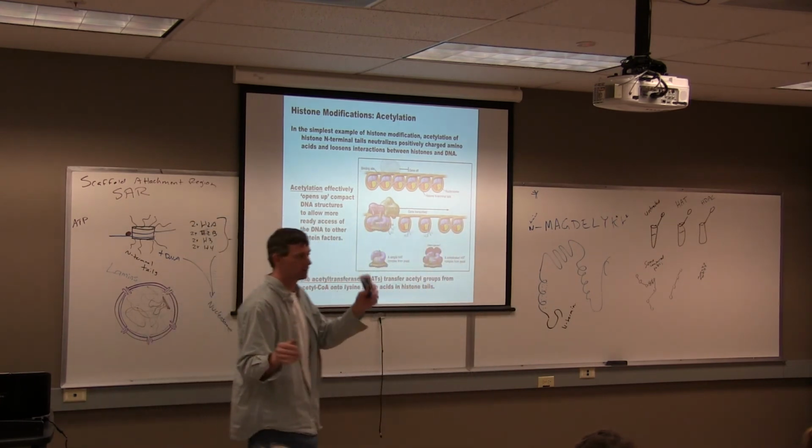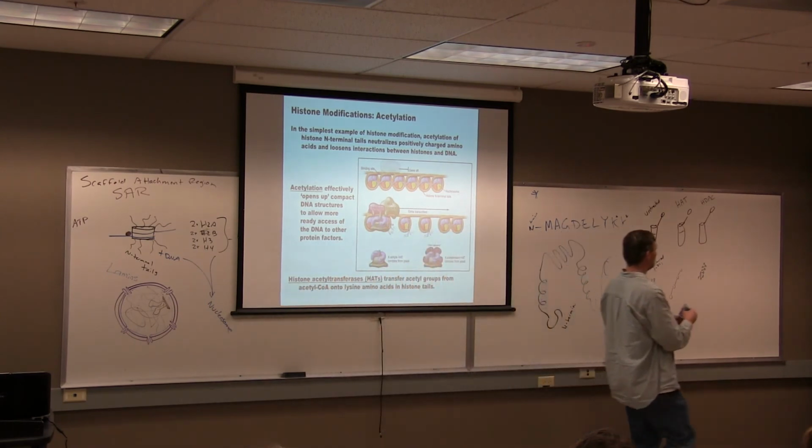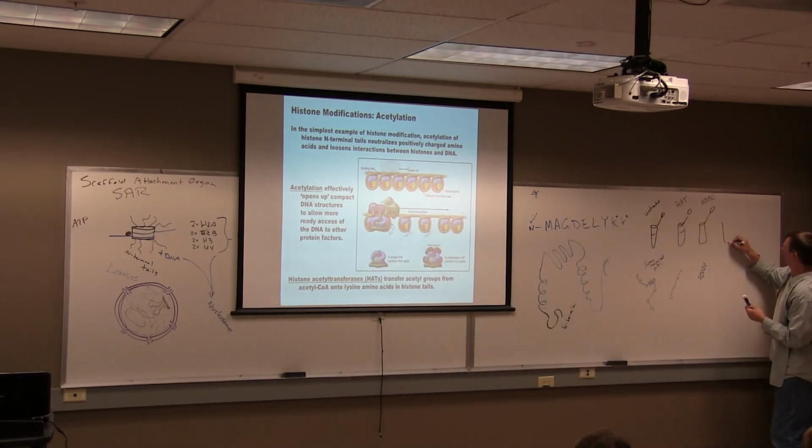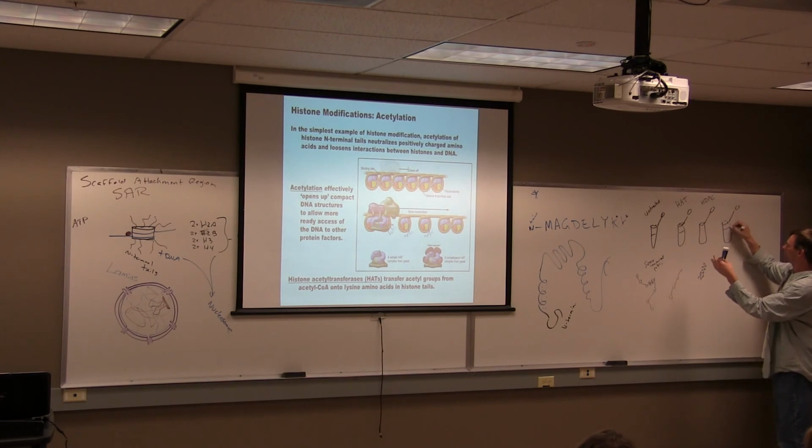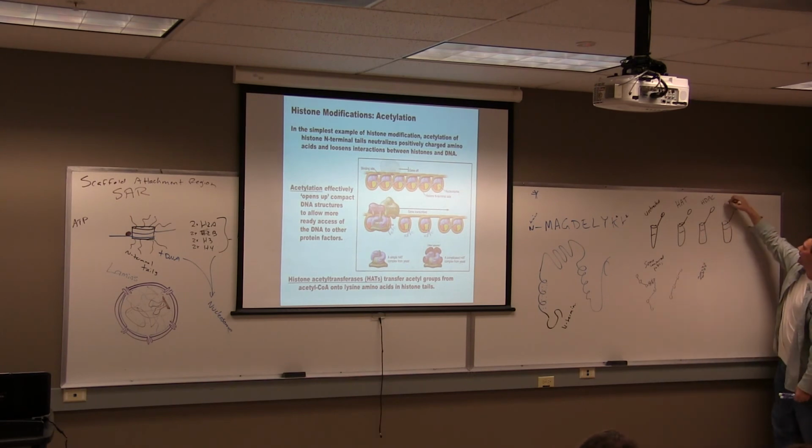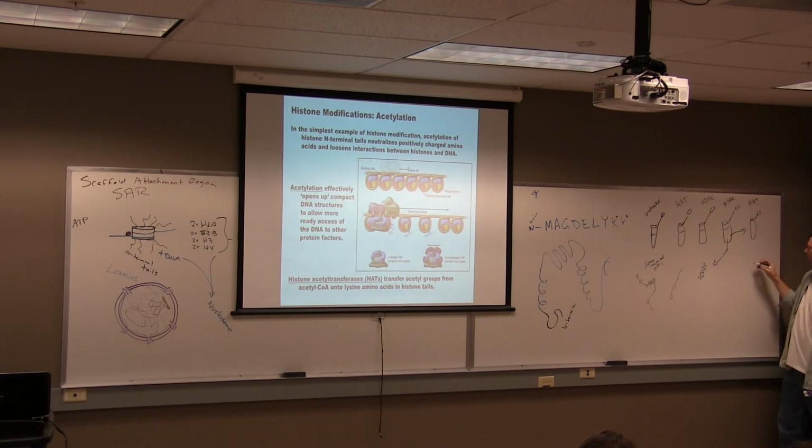And then you can get fancy and do things like, okay, in this condition, I'm going to take another bit of DNA, all from the same DNA prep, because we want it all controlled, right? I'm going to add an HDAC, and I'm going to look at it, and I'll see that. And then I'm going to take some of it, and afterwards, I'm going to add a HAT and incubate that there, and I should be able to show that this all unravels, right? In a test tube, you can do that, and it works.